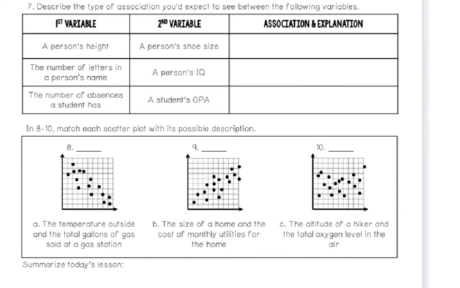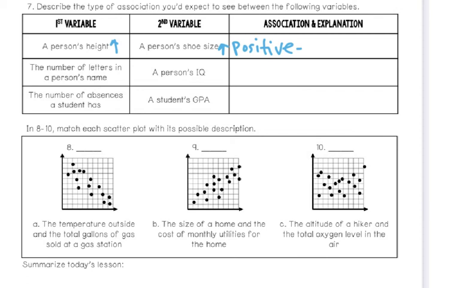If we look at a baby, their feet start out super small, and as they grow and get taller, their shoe size will increase. So we would consider that a positive relationship. If you want to give an explanation there, I didn't write one in, but you are welcome to do that.